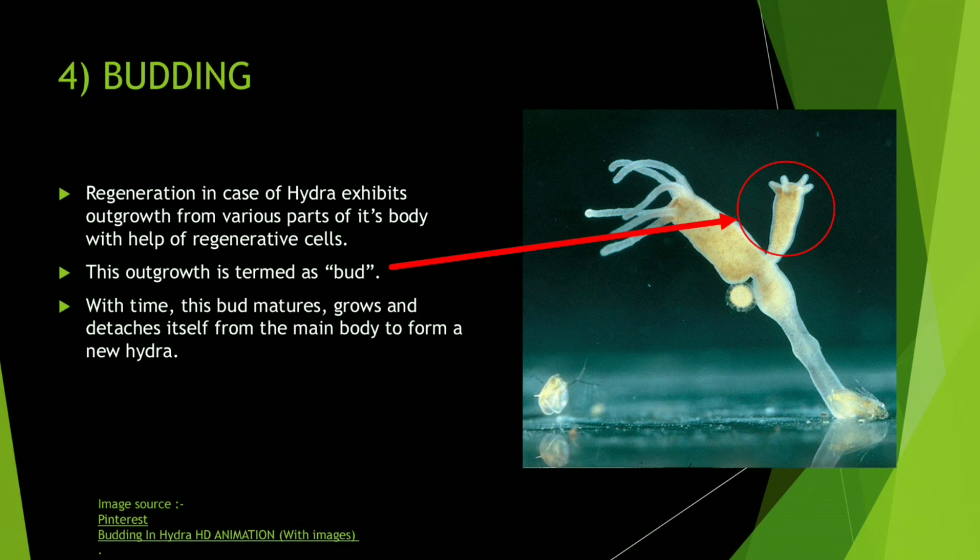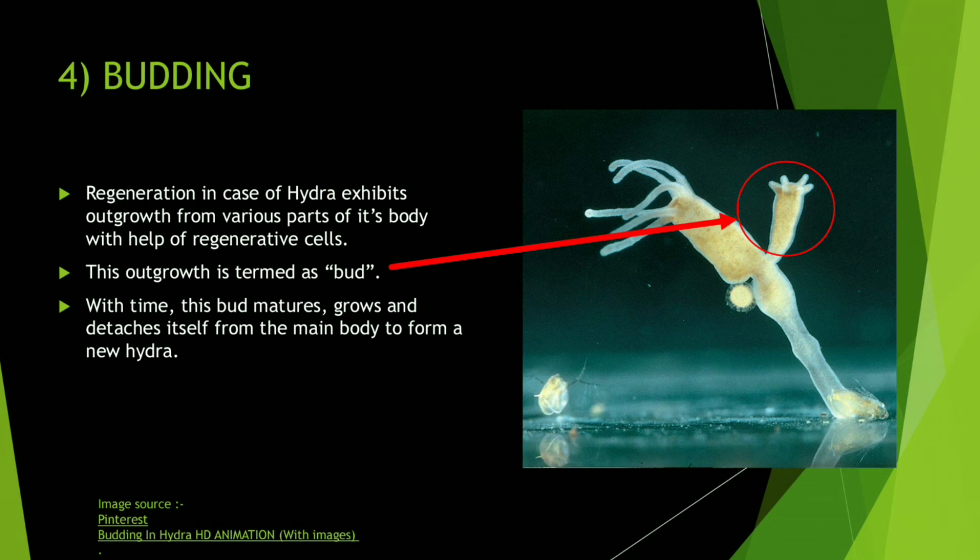Now in hydra, when a hydra is matured or has grown well enough, a small outgrowth grows out from a part of the hydra body, and that bud grows with increased nutrition uptake.